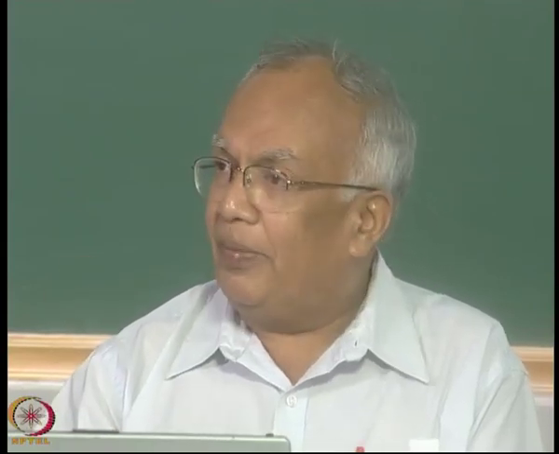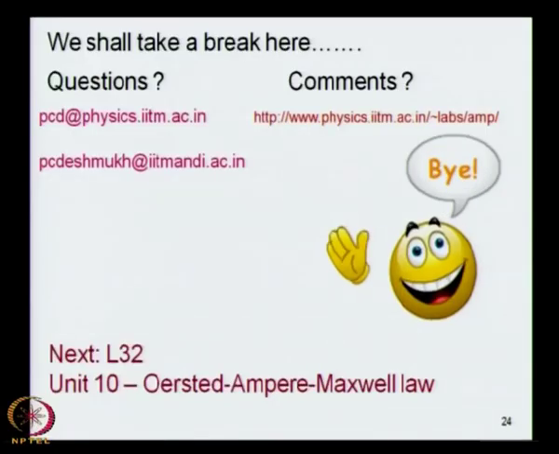So, these are the 4 major equations of Maxwell, and we will give you a summary of all of them. The Gauss's law is what we did in today's class, and in the next class we will do the Oersted-Ampere Maxwell law. Any question, comments, or we just take a break?